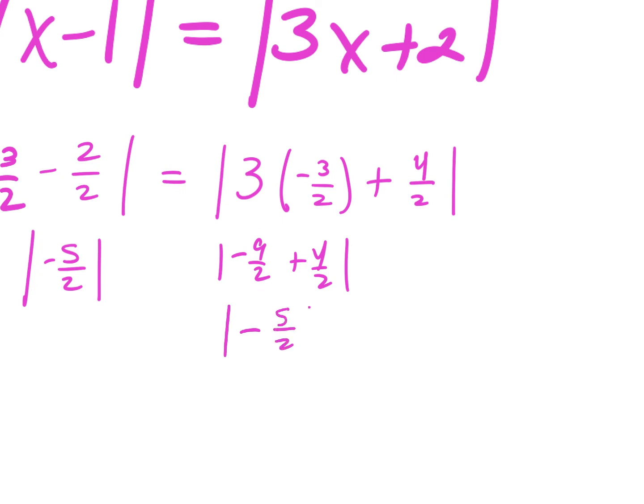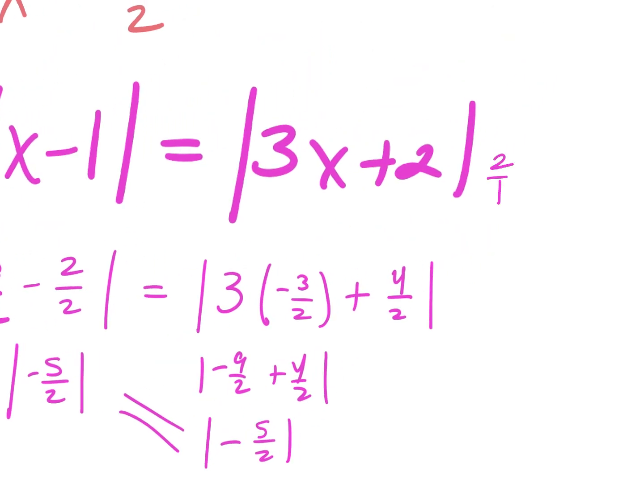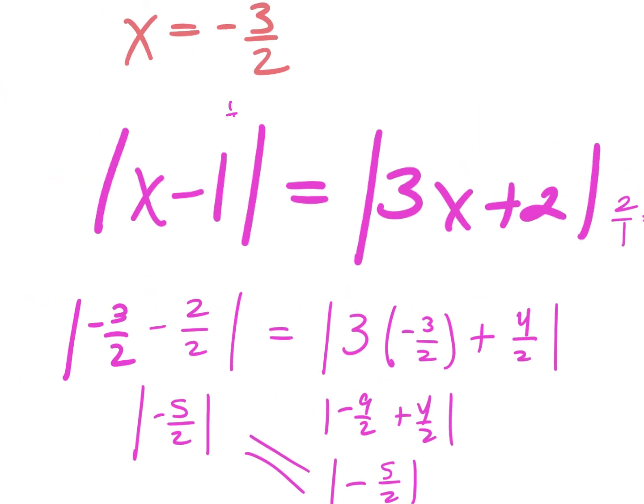Negative 5 over 2. Are these the same? Yes. You did a lot of stuff. I changed 2 over 1 to 4 over 2. I changed 1 over 1 to 2 over 2. That's it.